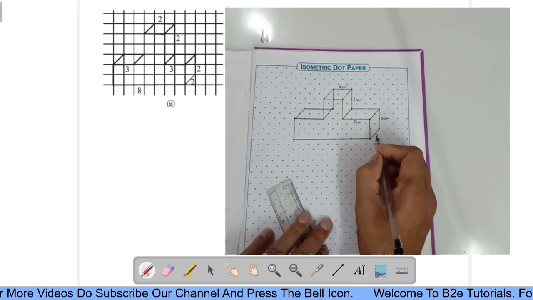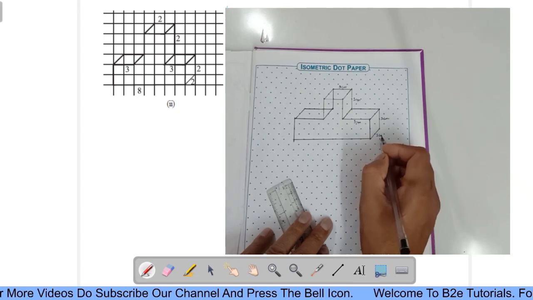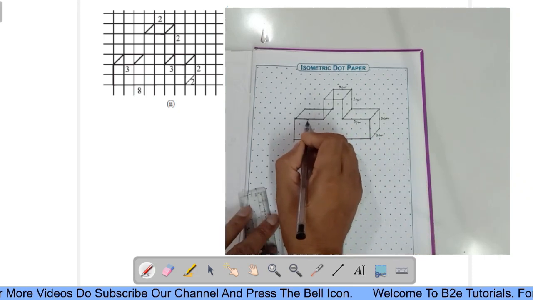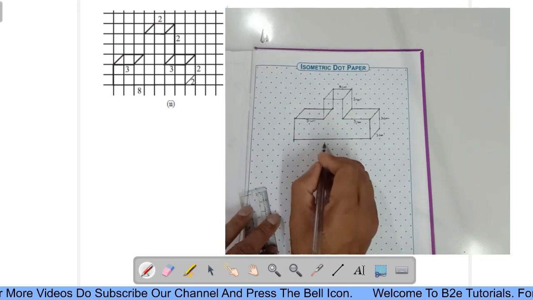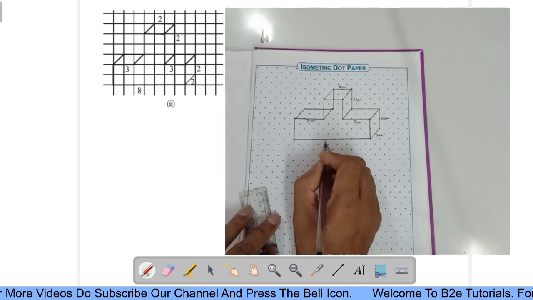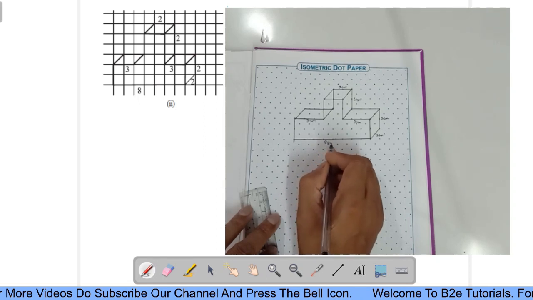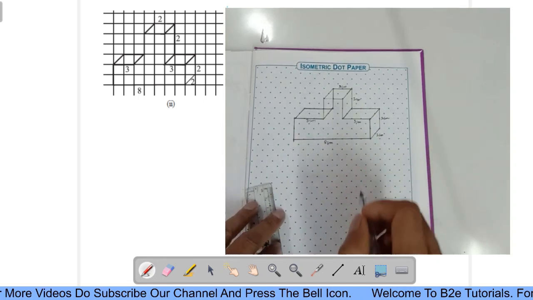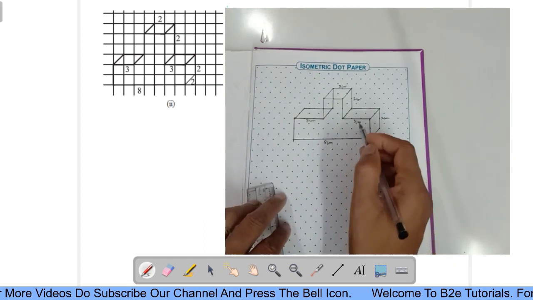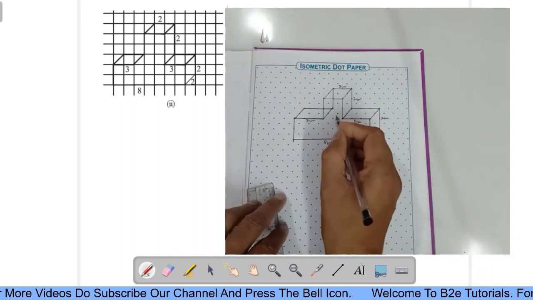This is 2 centimeter. This is 3 centimeter. And this is 8 centimeter. So this is your isometric figure.